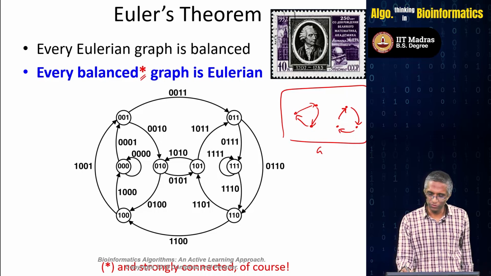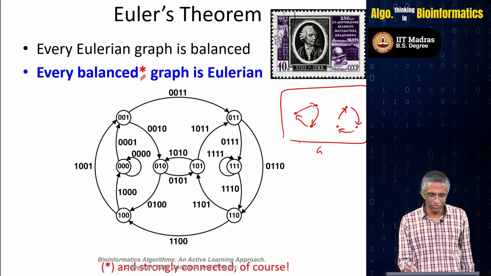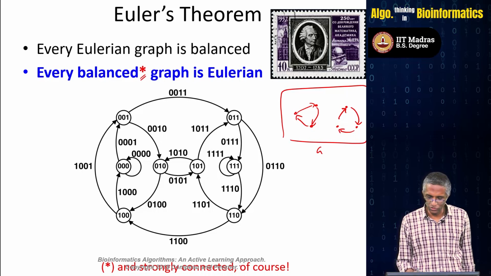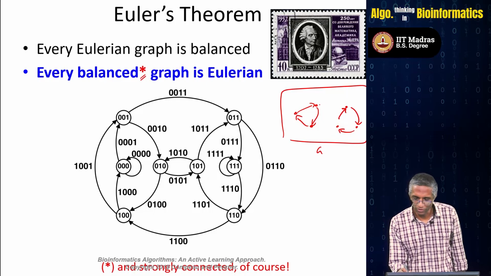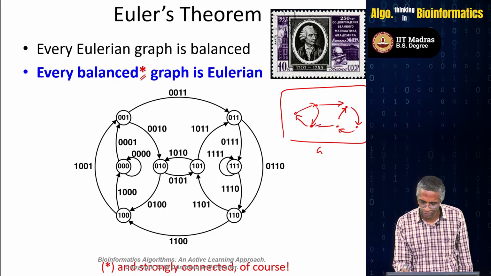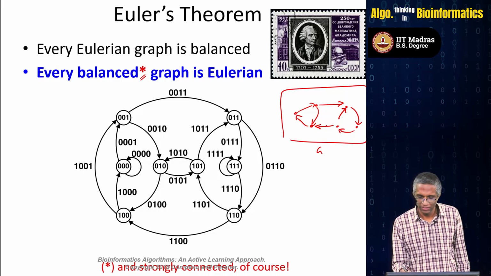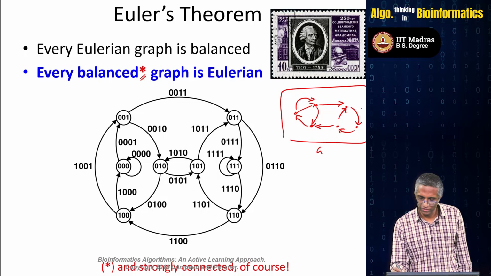Then you cannot start with one node and come back to the same node, right? So you also need to make sure that the graph is strongly connected, meaning that from every node you can follow the edges and reach every other node. So if you allow this and this, and then you probably also need to add something like this to balance things out.